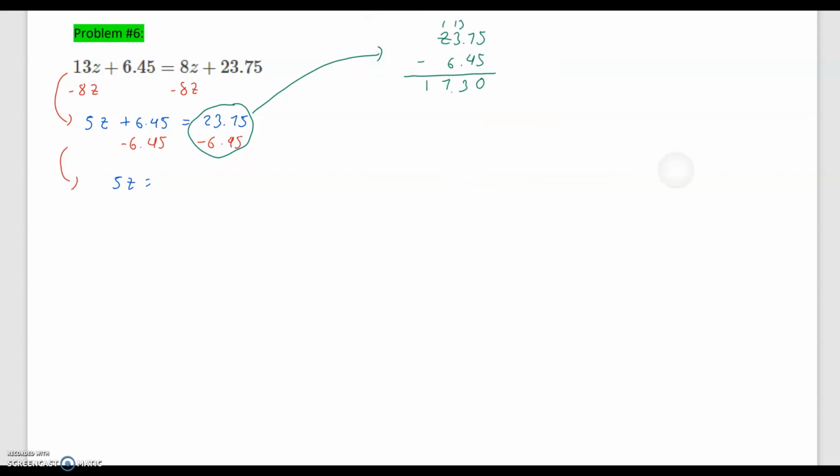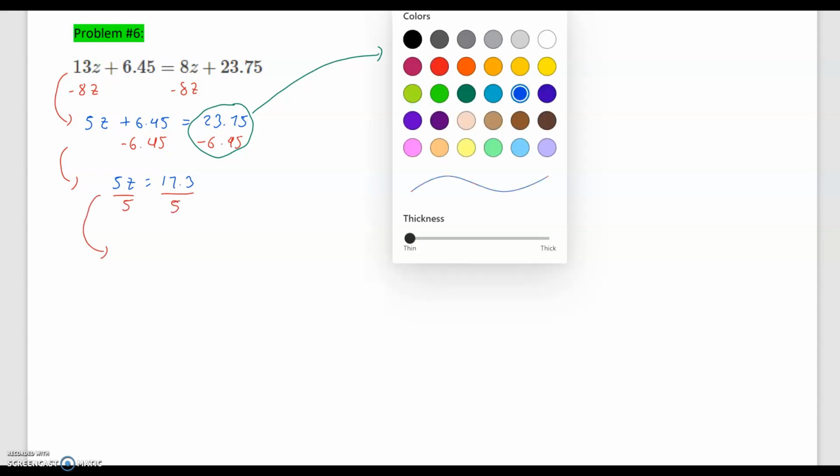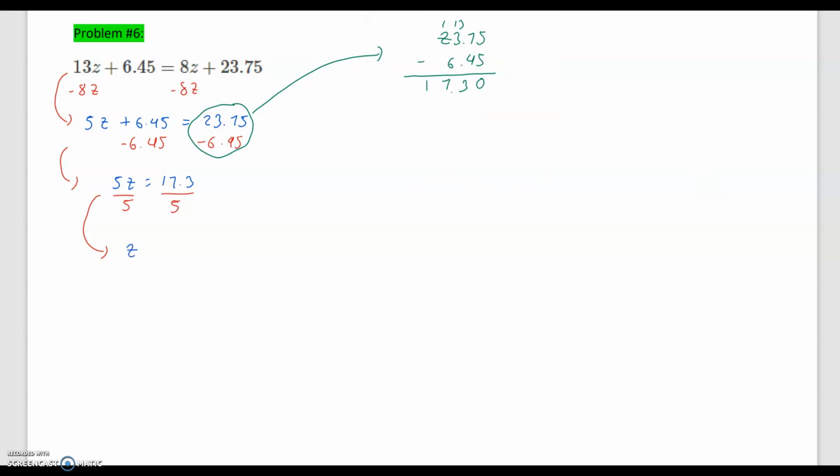So let me just rewrite it. This is 17.3. And then let me carry out the division of the 5s. So we're looking at z is equal to 17.3 divided by 5. And let me go over the possible ways to express the solution.